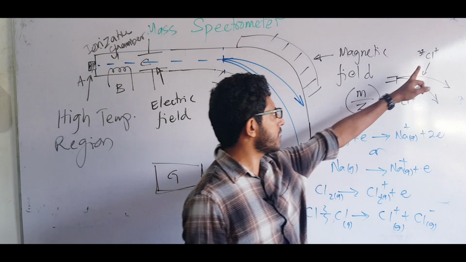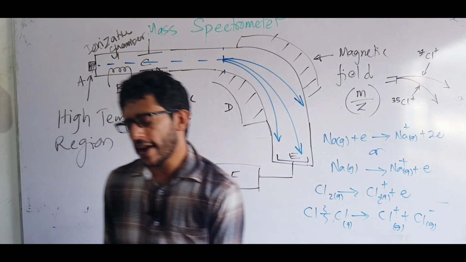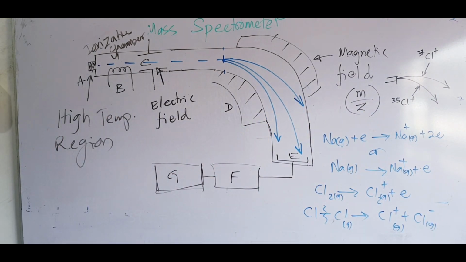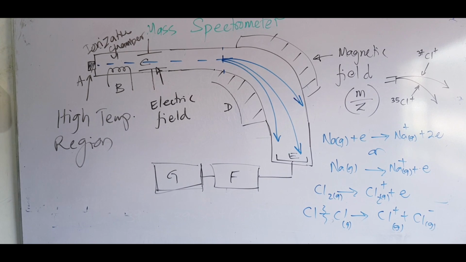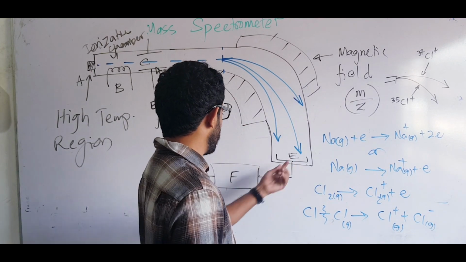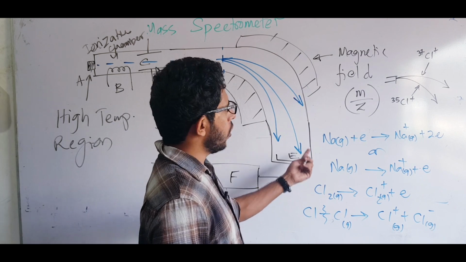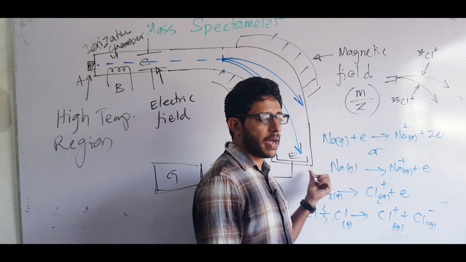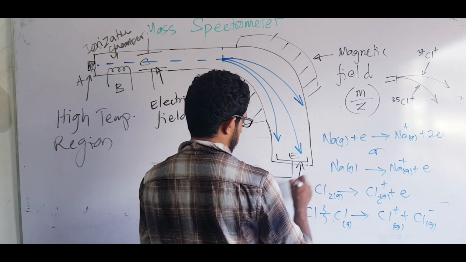So that is chlorine 37, this is chlorine 35. So that is what happened in the magnetic field. In the magnetic field, particles start to deflect according to their mass to charge ratio. Then we have E, the detector. So all the deflected particles will be detected by E. So this is our detector.